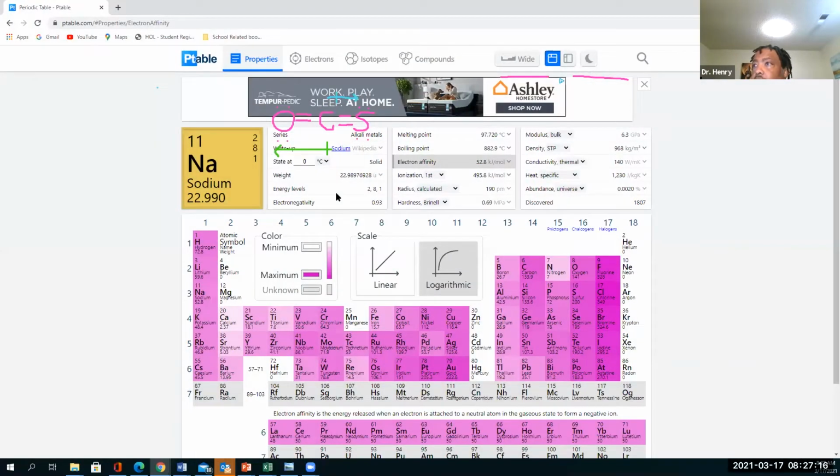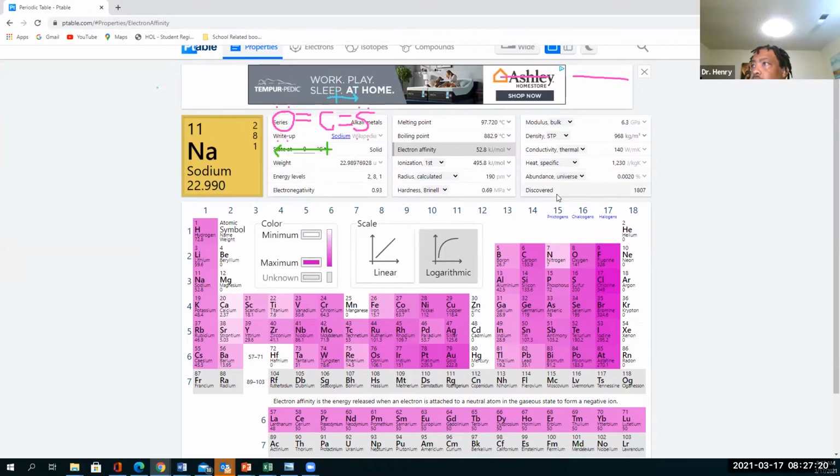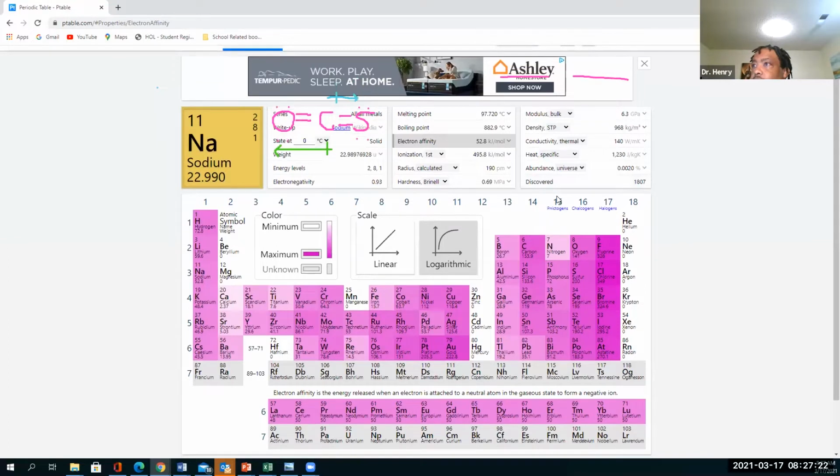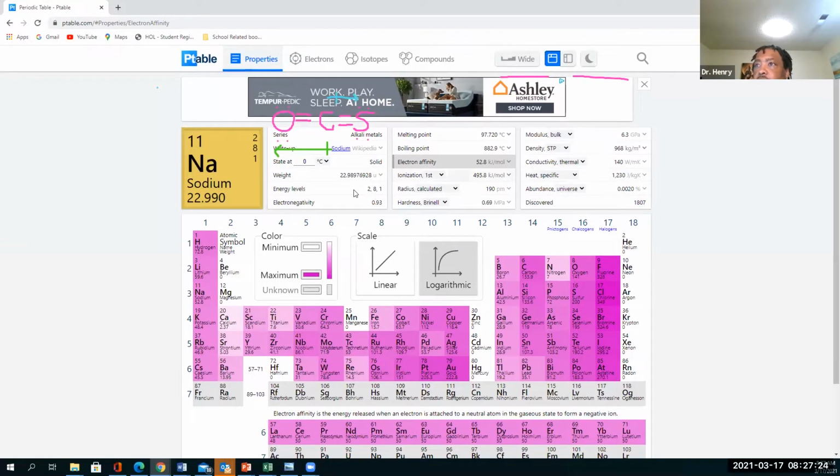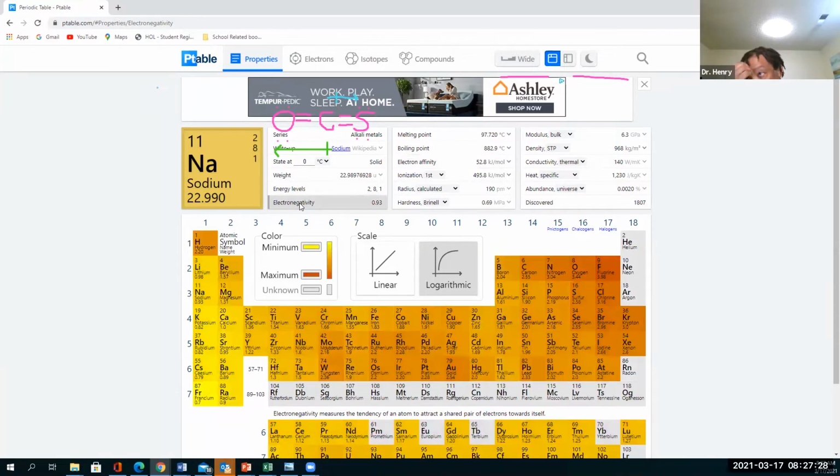Okay, so we're looking at the electronegativity table. This is the maximum, and that's the minimum.